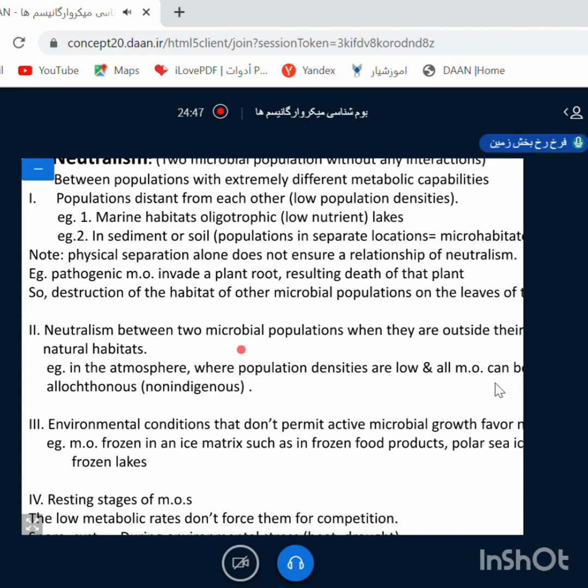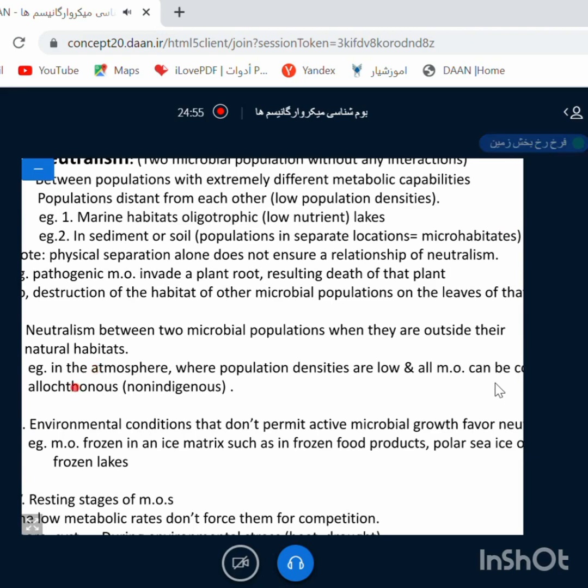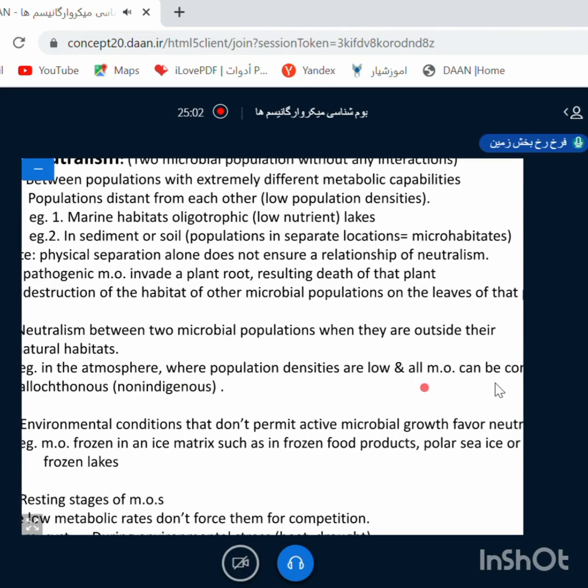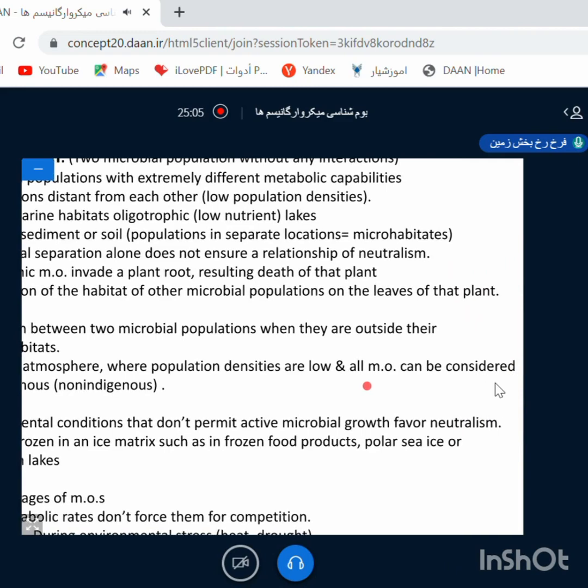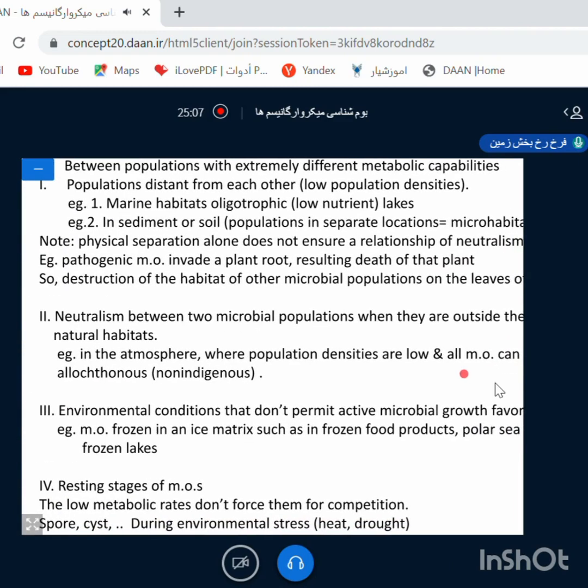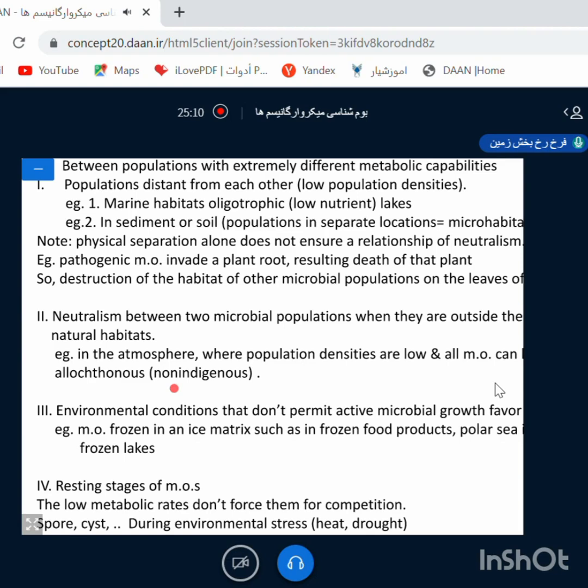Neutralism between two microbial populations occurs when they are outside their natural habitats. Example, in the atmosphere where population densities are low and all microorganisms can be considered allochthonous or non-indigenous. Their interactions tend to zero.